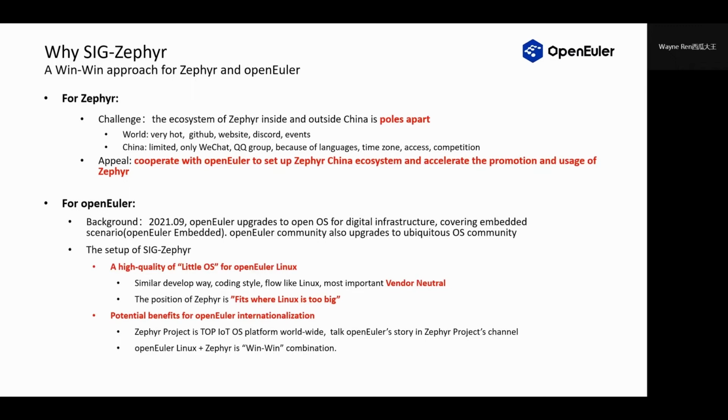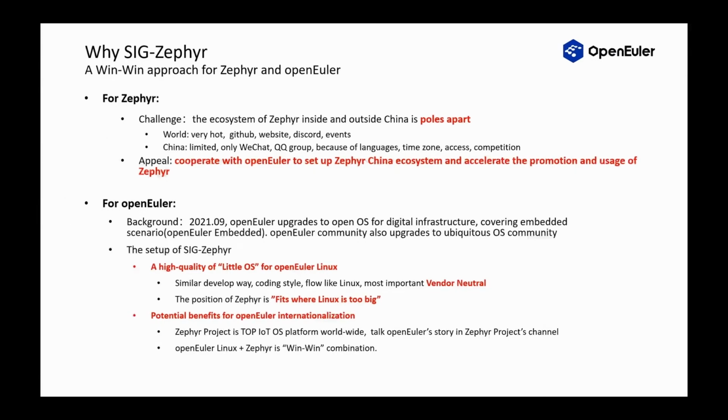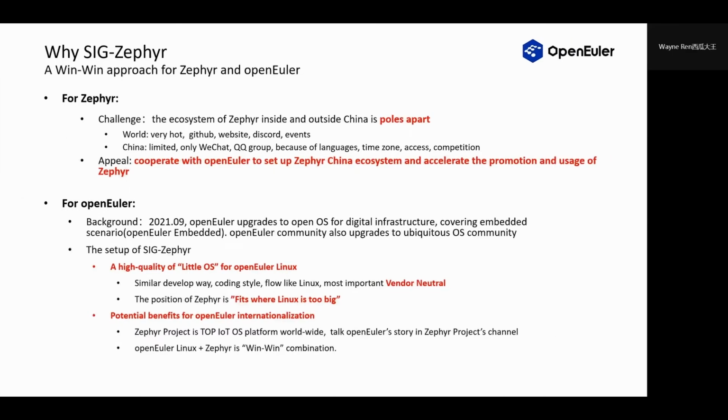So SIG-Zephyr will bring a high quality little OS to openEuler Linux in the embedded scenario, but not limited to it. And Zephyr has a similar development way, flow, and coding style as Linux. Most important, it is vendor neutral. Also, the position of Zephyr is where Linux is too big.